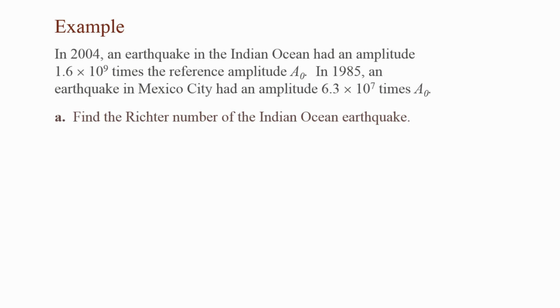So looking at the Indian Ocean earthquake, our amplitude was 1.6 times 10 to the 9th times the reference amplitude A sub 0. What that means is A is going to equal 1.6 times 10 to the ninth times A sub 0.